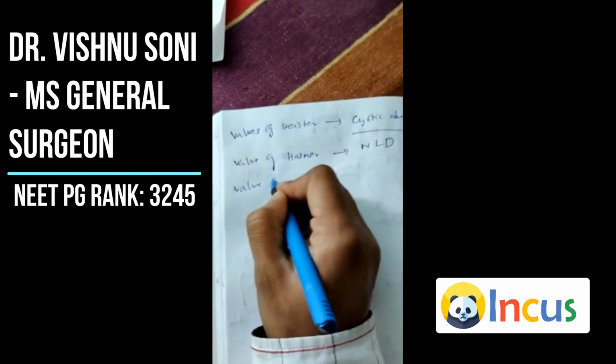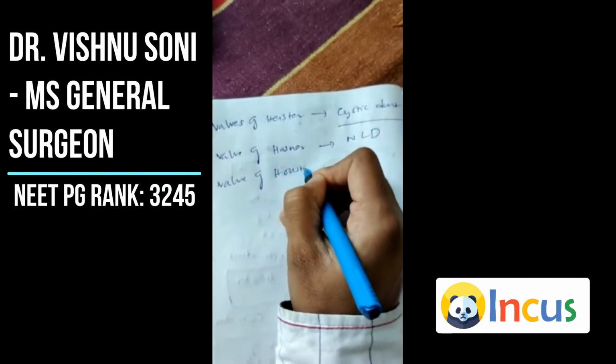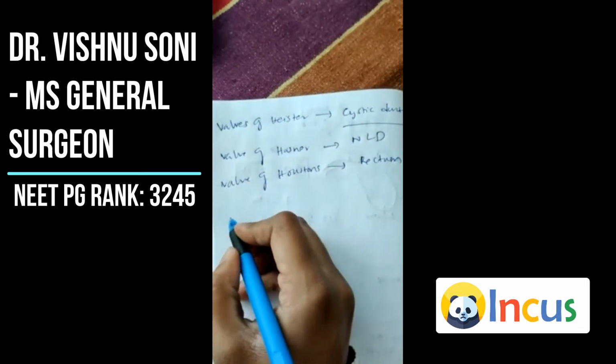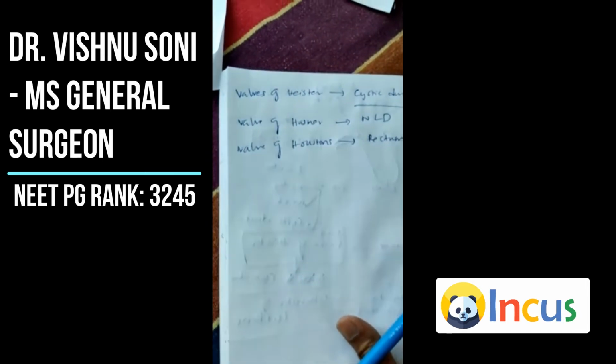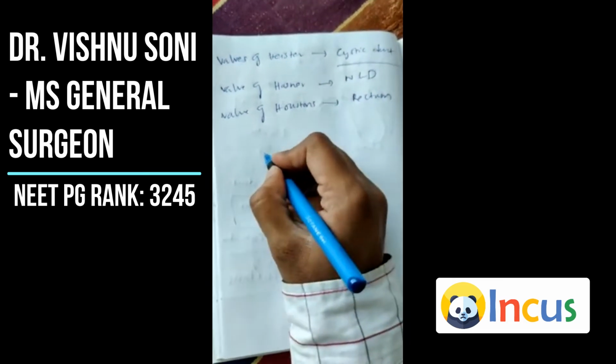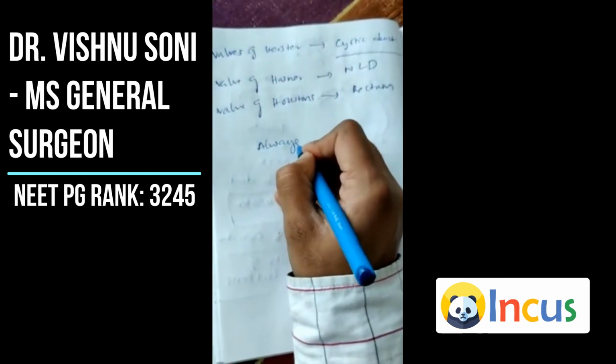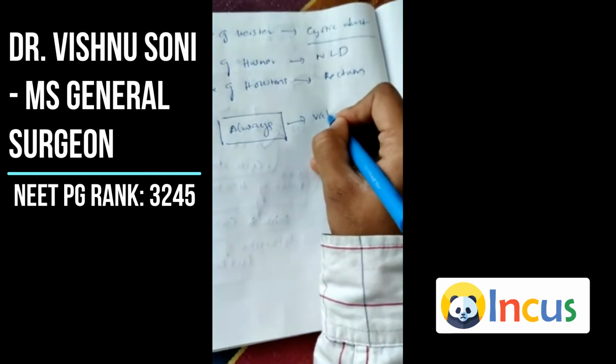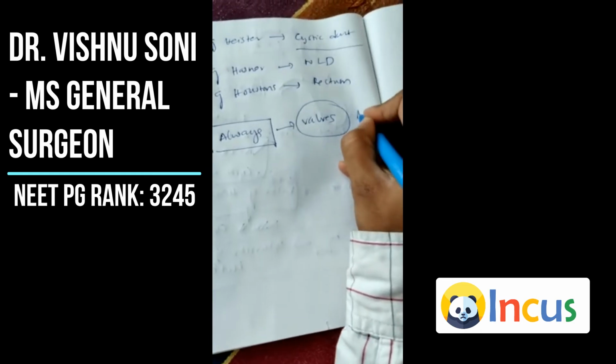Then the valves of Houston are present in the rectum. So do not confuse, guys. These are different valves. Whenever you face a question related to valves, read them at a time so that you will remember.